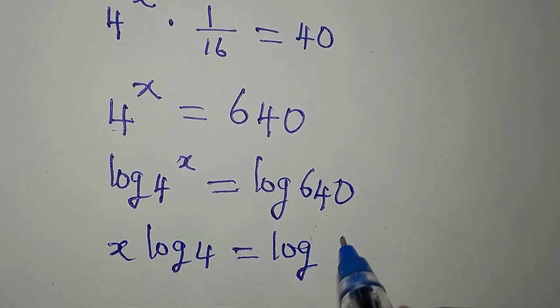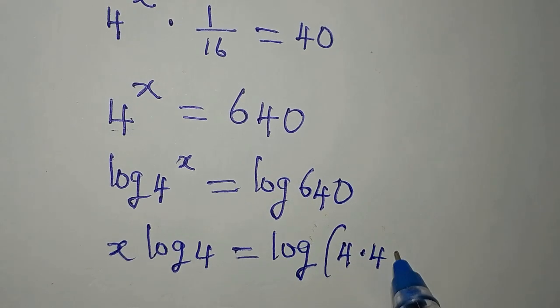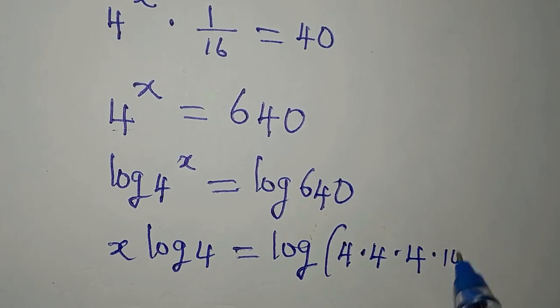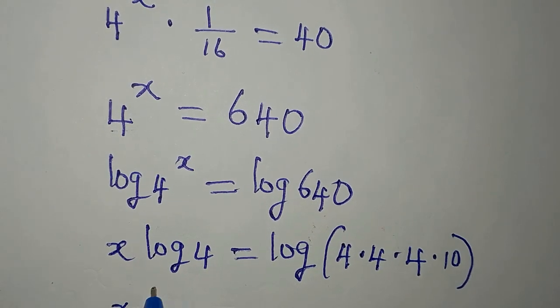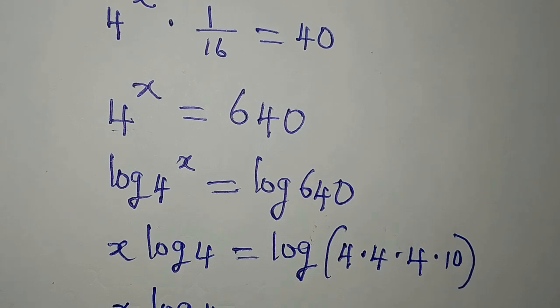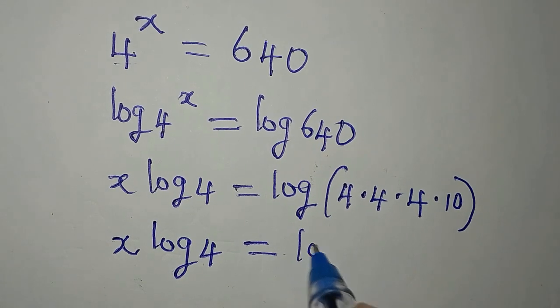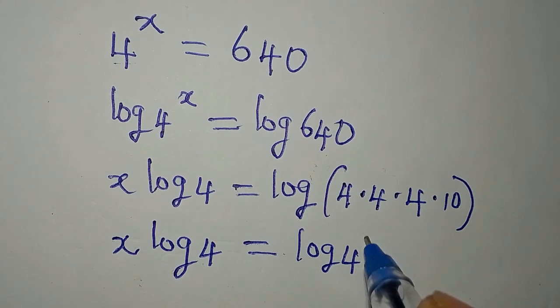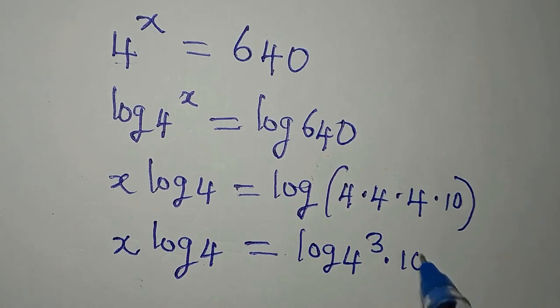So we have 4 times 4, 16, times 4 again, 64, then times 10. So this means we have x log 4 equal to log of 4 to the power of 3 times 10.